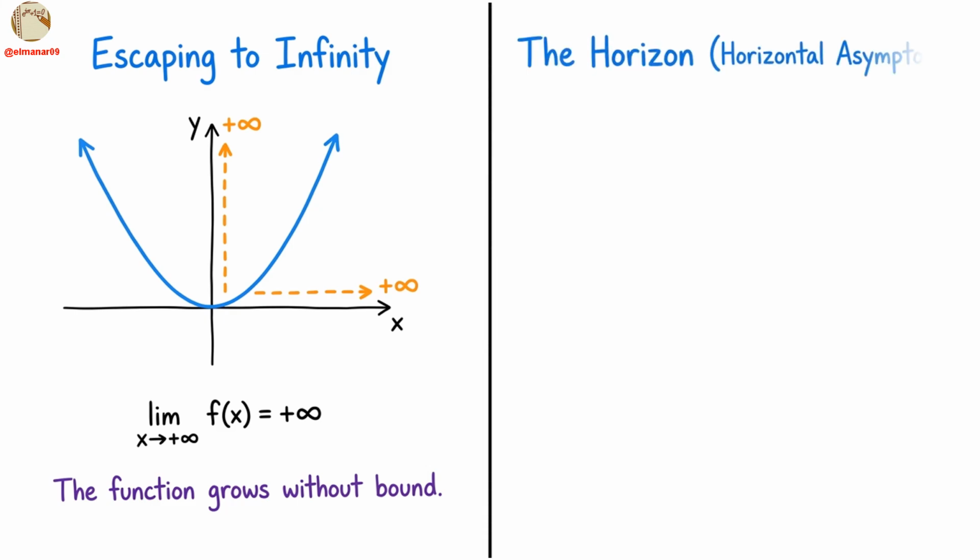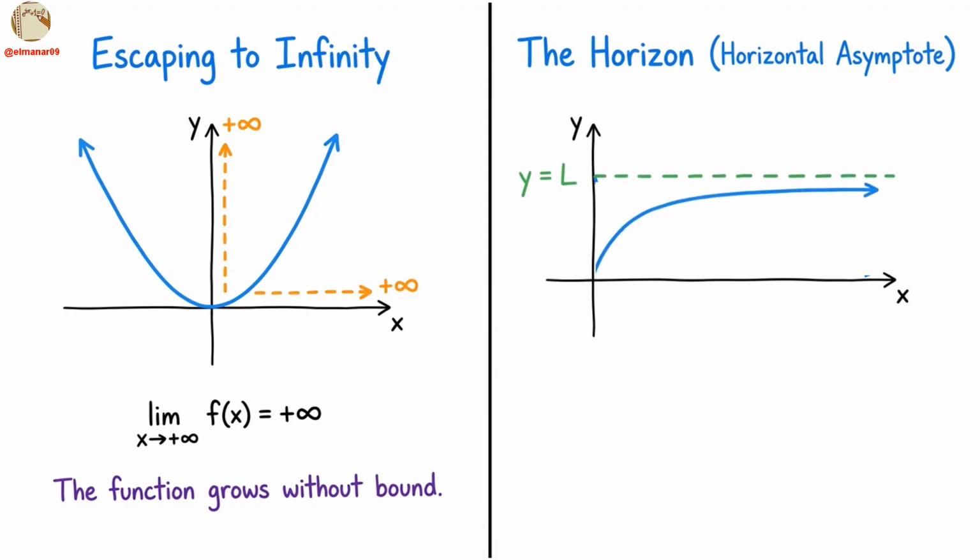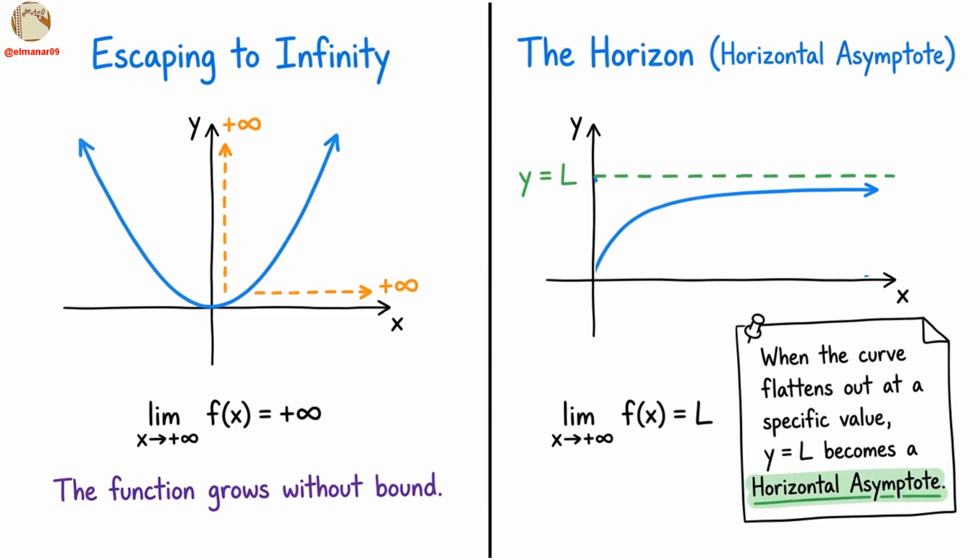But look at the horizon on the right. As x moves toward infinity, the curve begins to flatten out, settling toward a specific value L. This horizontal dashed line, y equals L, is called a horizontal asymptote. It's like the horizon line at sea. No matter how far you sail, you're always heading toward that steady level.